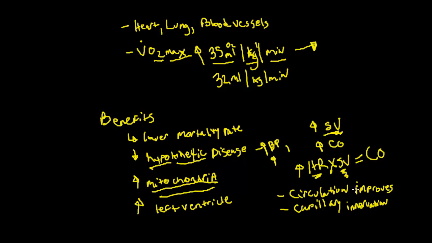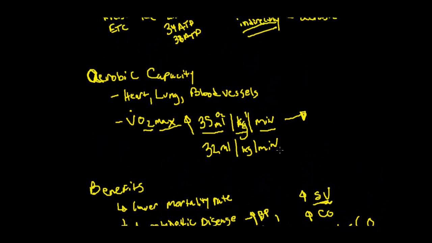And all that means is the smaller capillaries, which are like the smallest arteries in the body, kind of innervate, kind of go through the tissue. There's a lot more blood supply to the tissue is probably the best way I can explain it. So a lot more capillary innervation, a lot more blood supply. And that should make sense, because if you have more slow twitch muscle fibers, you're definitely going to have more capillary innervation. And so that's the benefits of aerobic training.